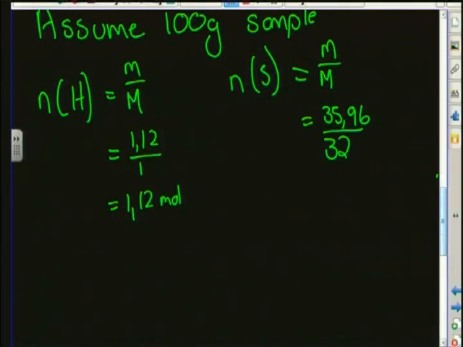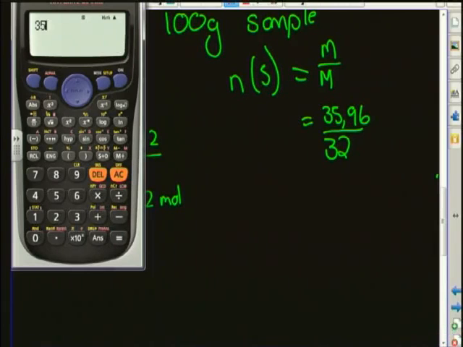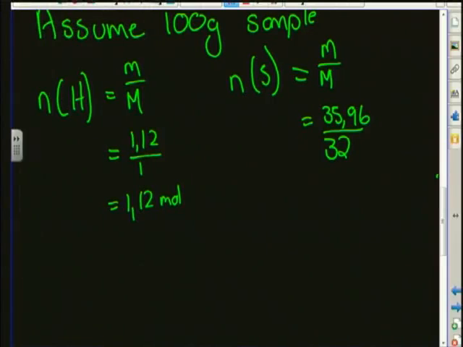Now, I want to show you on the calculator so you know I'm not joking. 35.96 divided by 32, 1.12, okay? Don't get freaked out by that, okay? There's no reason why they can't be the same, so it's 1.12.